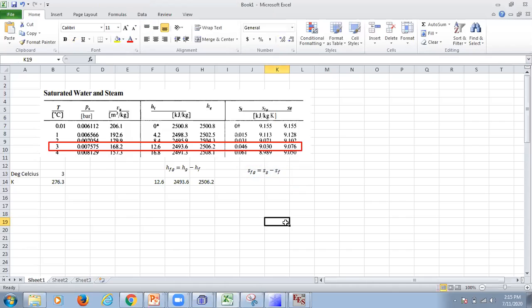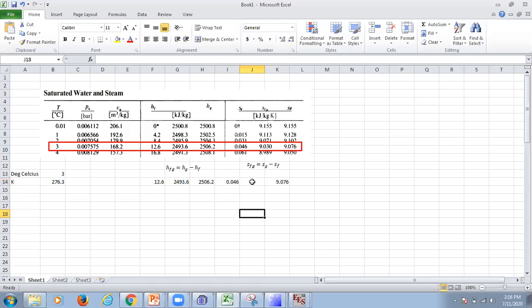So if you take the sf value, it is 0.046, and the sg value is 9.076.